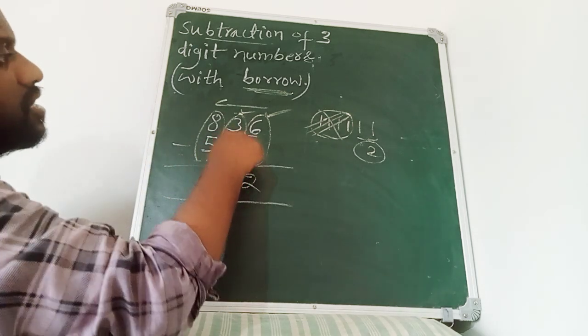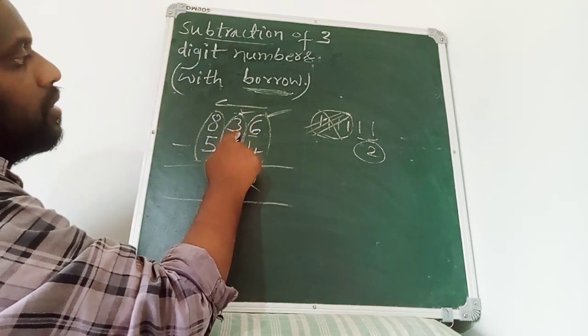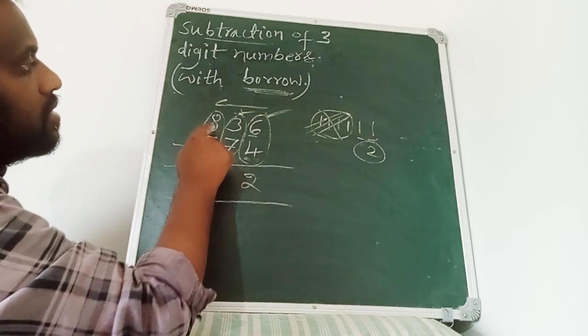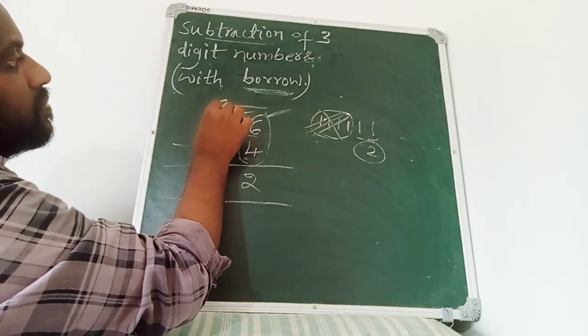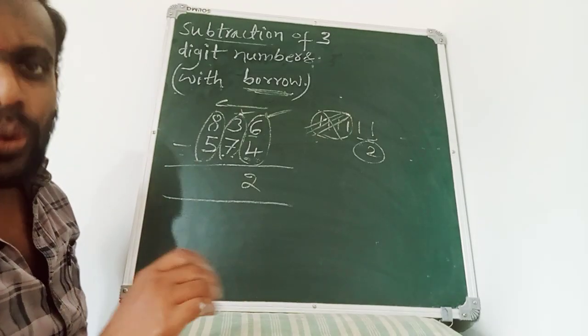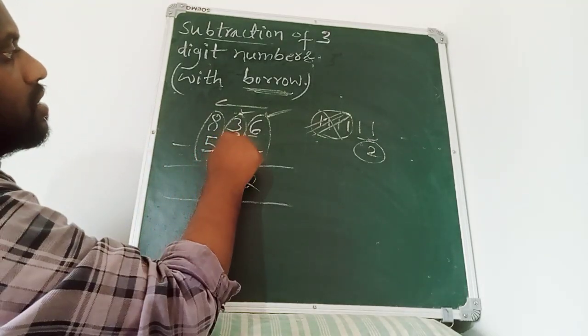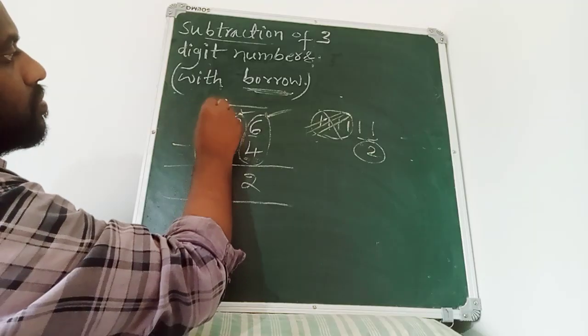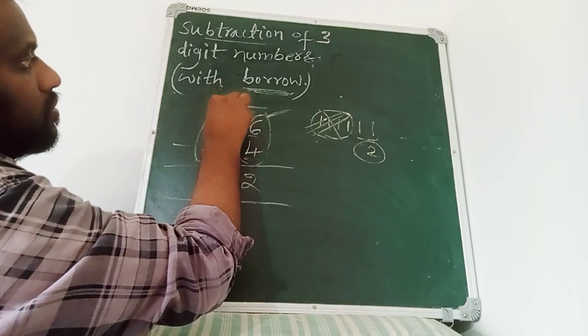Since this is a smaller number, it will take help from this 8, this one. It will take help, that we call borrow. Okay, this 3 will take 1 as borrow.